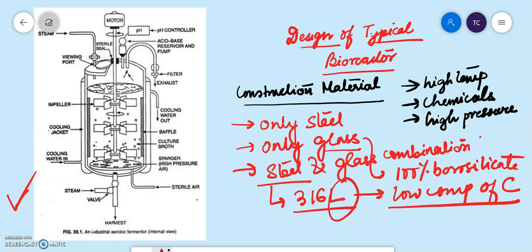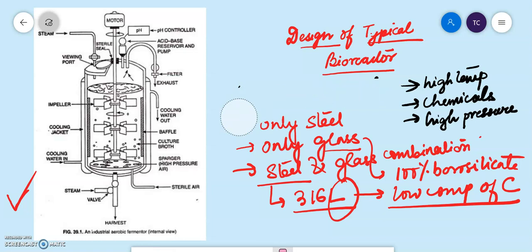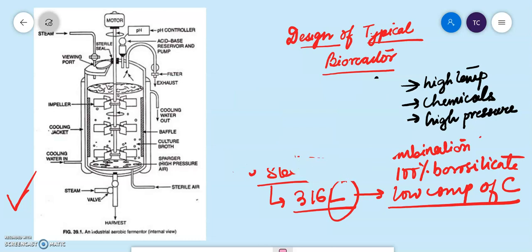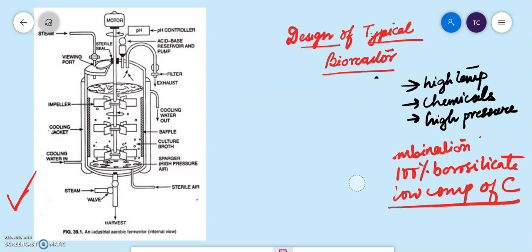Your construction material is made of stainless steel and glass. Now, small scale bioreactors are basically of two types, and depending upon the construction material, I will highlight the two types.